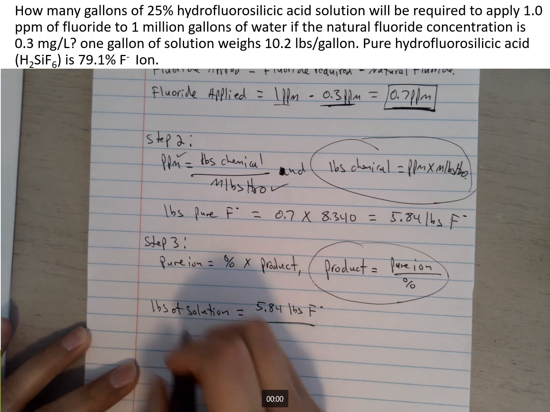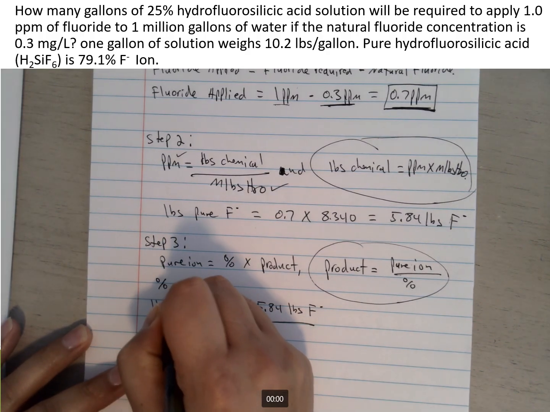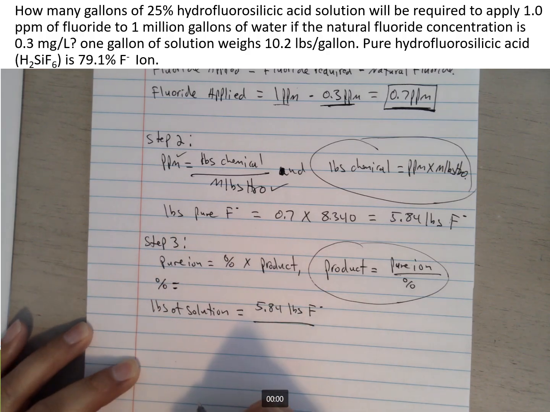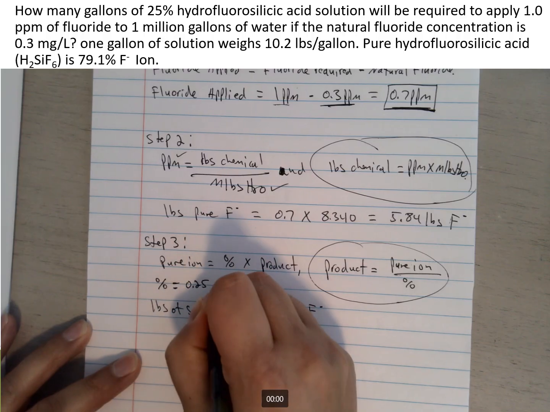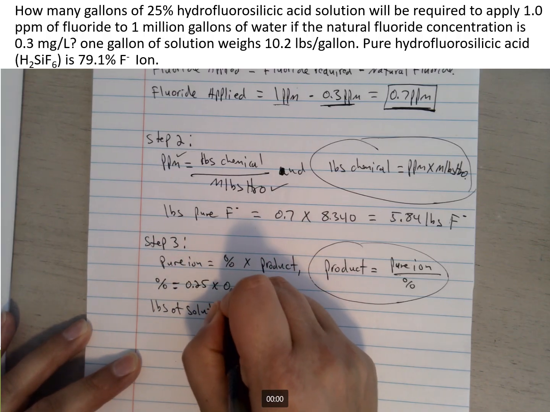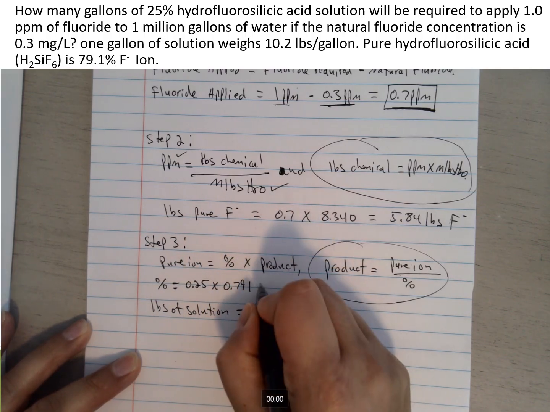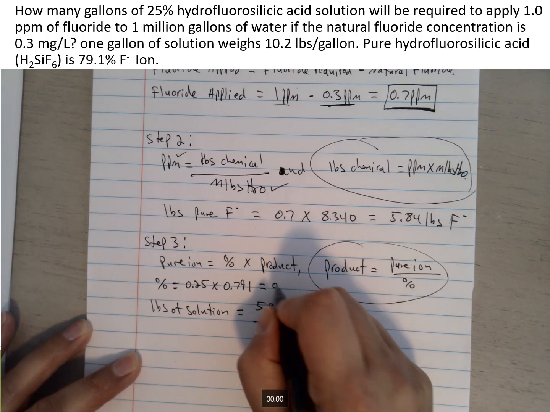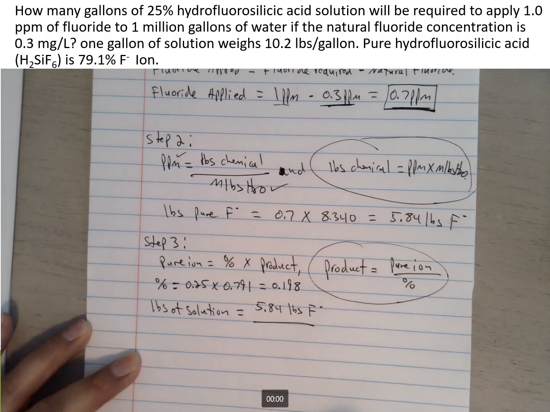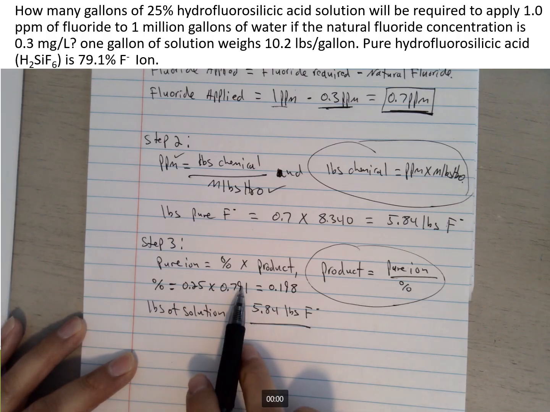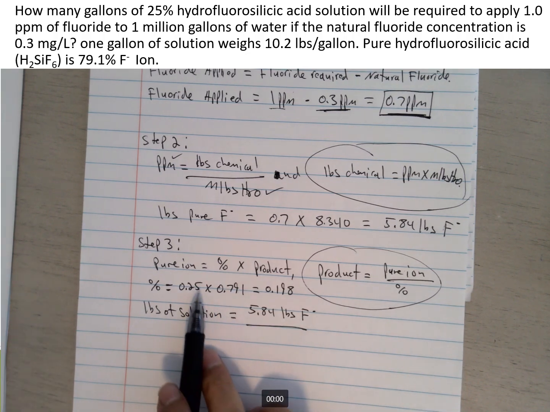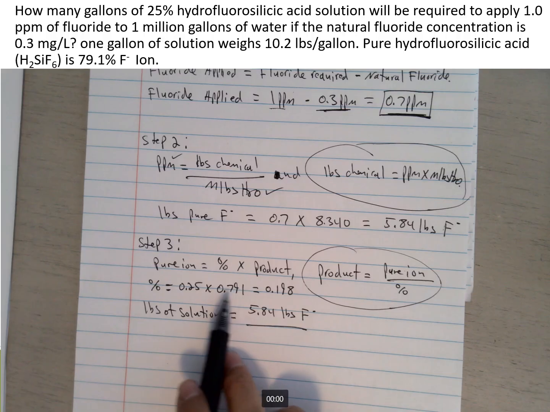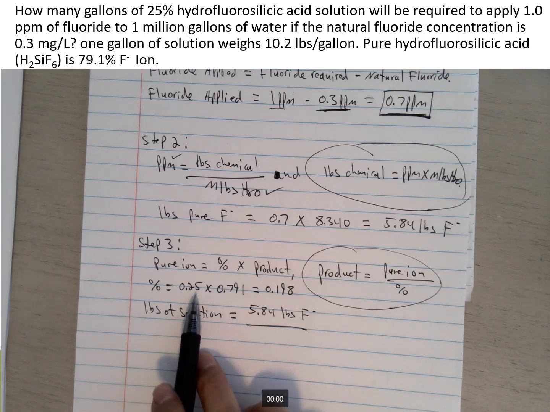So for this part, the percentage is equal to the multiplication of both of those percentages: 0.25 multiplied by 0.791, which is 0.198. For better understanding of this part, you can refer to the presentation of fluoride in this course, which discusses in detail why this is.